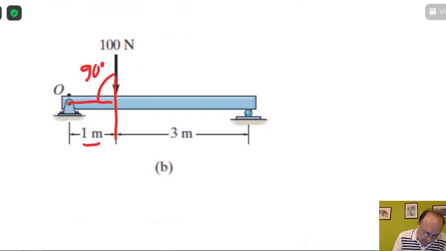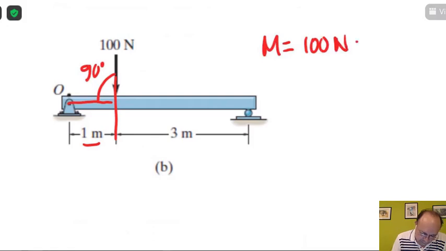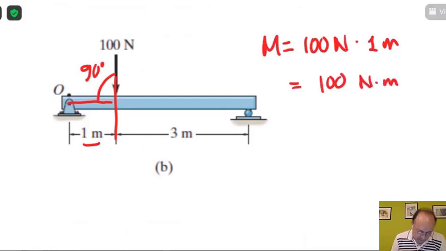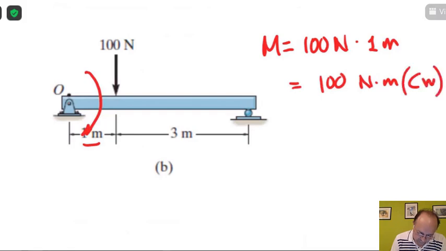So the moment is very easily 100 newtons times 1 meter, so it's equal to 100 newton meters. And the rotation of this force with respect to that point O is now in this direction. So I would put here one clockwise direction.